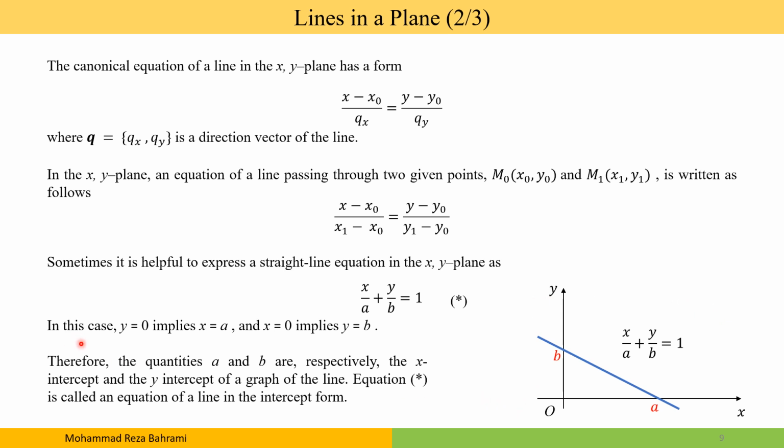So in this case, y equal to 0 implies x equal to a, and if we insert x equal to 0, it implies y equal to b. Therefore, quantities a and b are the x-intercept and y-intercept of the graph of the line. This equation, as it's shown here, is called the equation of a line in the intercept form.